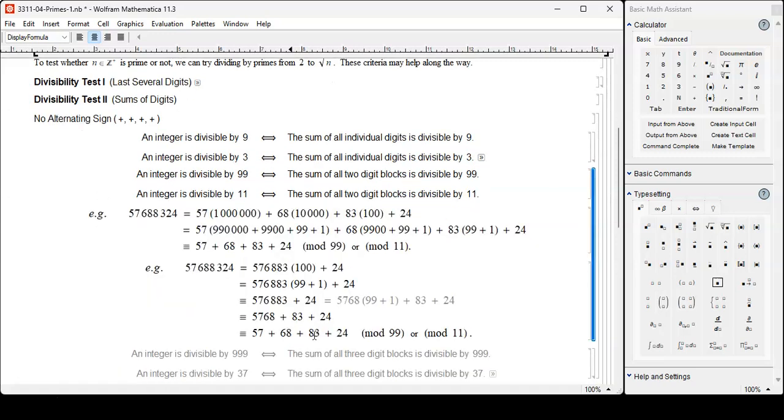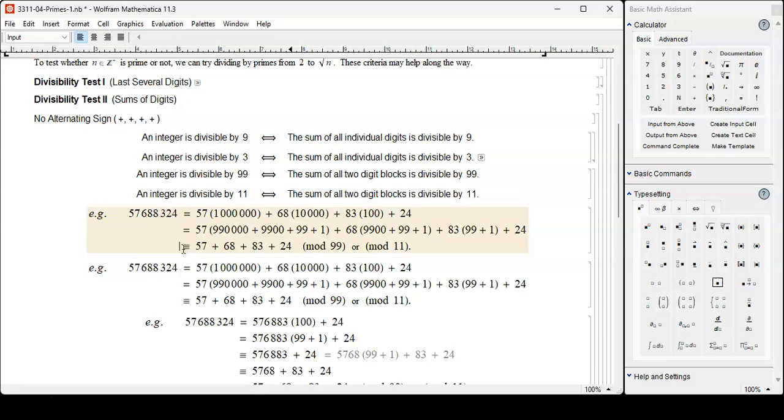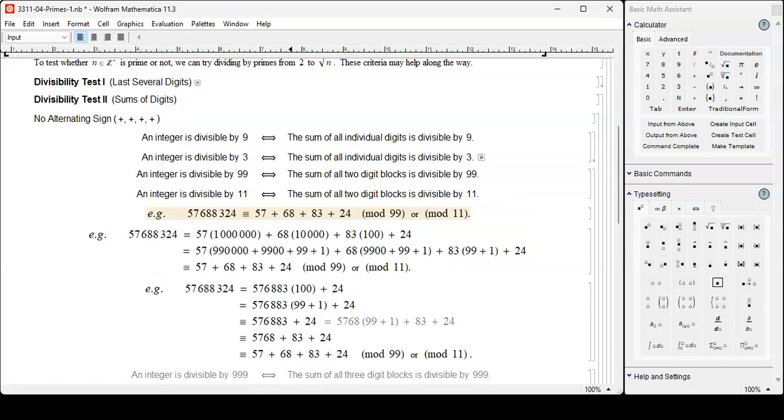What does that mean? Look at the last example: 57,688,324. Last 2 digits, last 2 digits, last 2 digits, last 2 digits. And then, is this sum divisible by 99 or 11? That's the question. For example, what if we had more decimal digits?